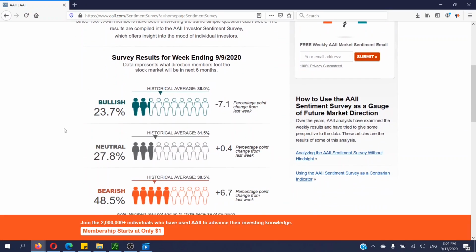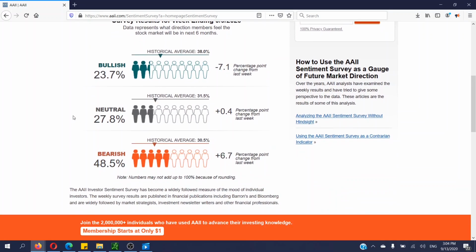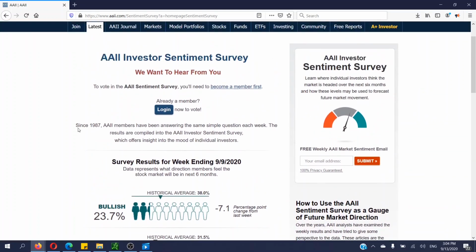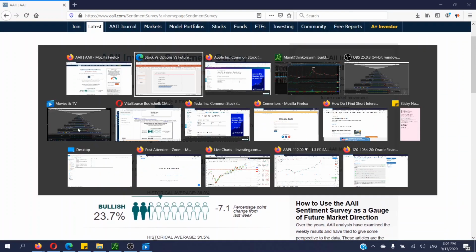This is the survey result for the week ending 9th September. Here people are less bullish, 27% neutral, 48% bearish. Okay, this is also another way to measure the sentiment of the market.